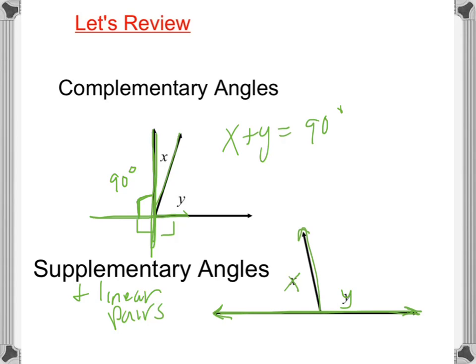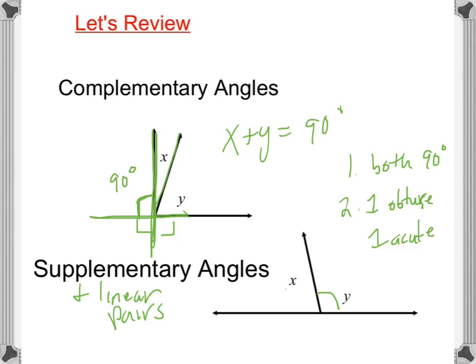And what you know, by the way, when you have supplementary angles that are linear pairs, or any pair of supplementary angles, is that there are two situations that could happen. Situation number one, they're both equal to 90 degrees. Situation number two, one is obtuse, which we're going to go over in just a second, and one is acute.